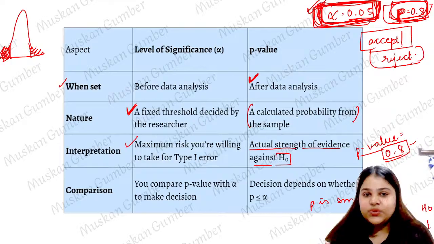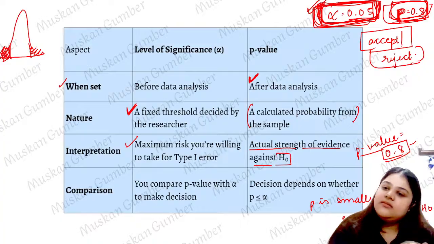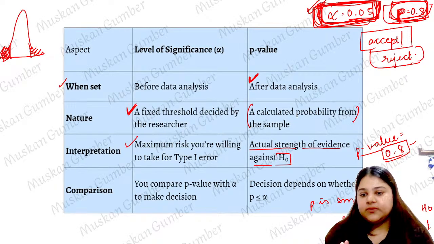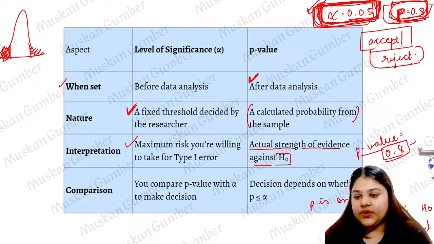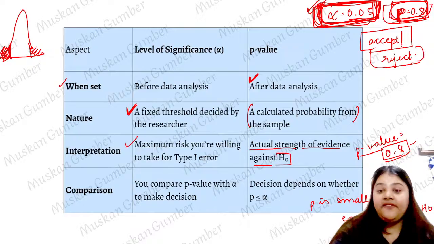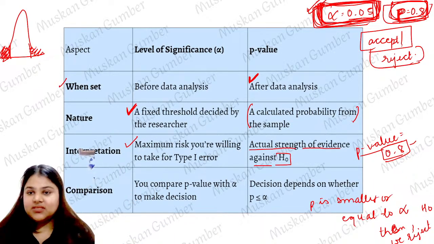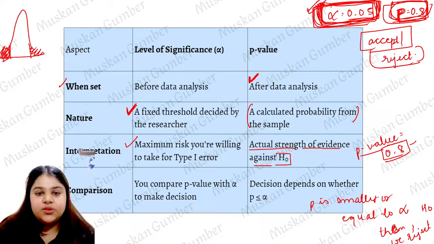Is it clearer to you now what the p-value is? It is nothing but the evidence against the null hypothesis. Very good, Samiran. Very good. If the p-value that I am calculating is more than my alpha value, then we will do what?